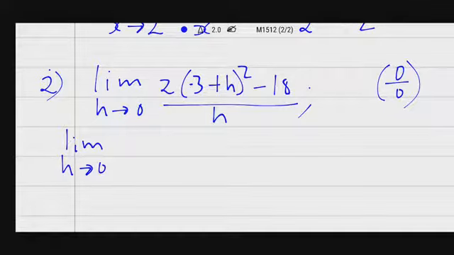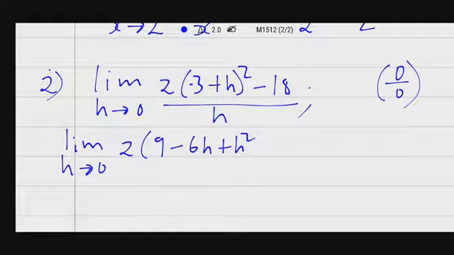Here you need to expand minus 3 plus h, the whole thing squared. If you do that, you have 2 times (9 minus 6h plus h squared), then you still have minus 18, and you still have to divide by h.